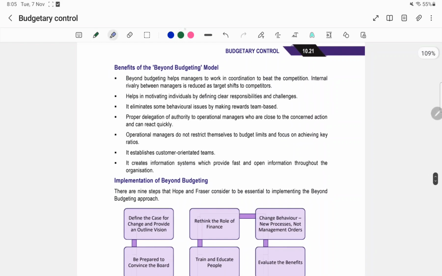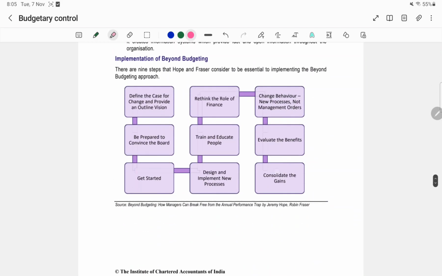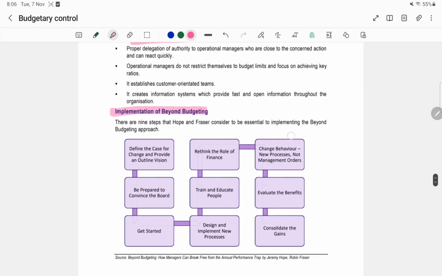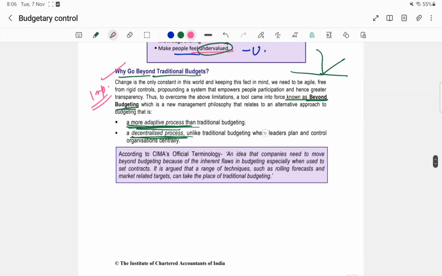Now the next topic is benefits of the beyond budgeting model. So beyond budgeting, what it does, it helps the managers to work in coordination. It eliminates behavioral issues. So these are just self-explanatory points. You can go through this. For implementing beyond budgeting, from implementing you can remember one more thing. We studied implementation of something else also. Just try to recall.